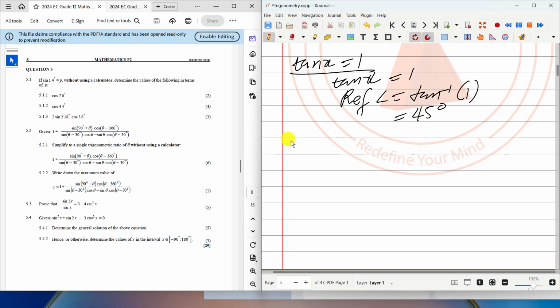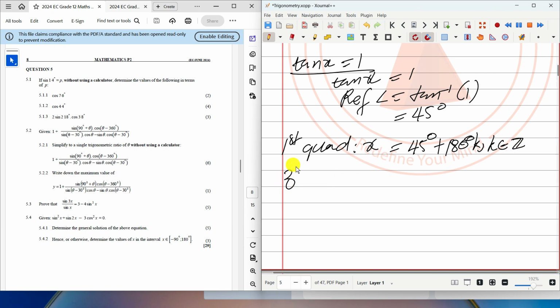Now tangent is positive in which quadrant? First quadrant and third quadrant. In the first quadrant, x is equal to that reference angle plus 180 degrees k, where k is an element of the integers.